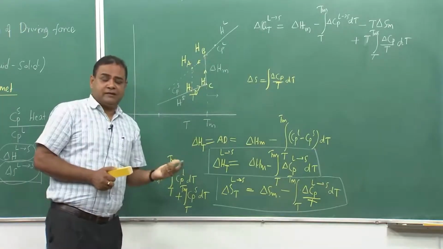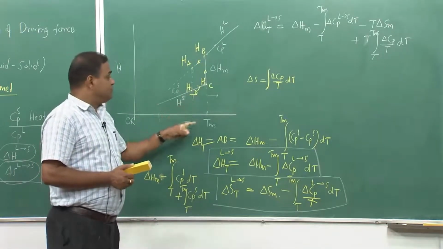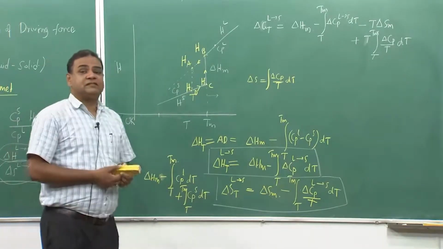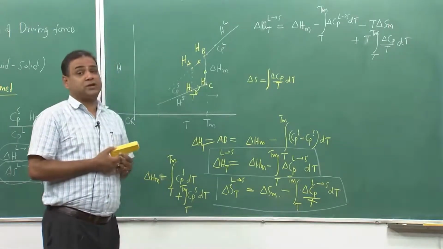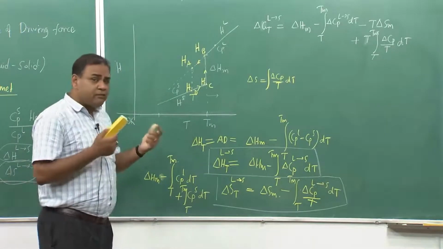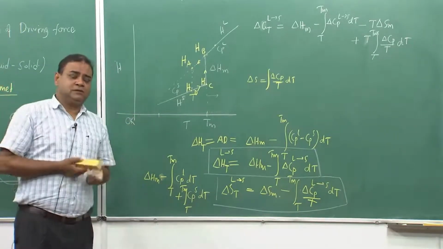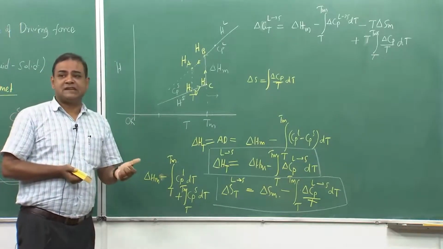We have seen that once the liquid is taken below melting point, it solidifies, that means it becomes solid. But you will later come to know that these liquids can remain liquid over a very large temperature range below Tm, and the reason for that would be simple homogeneous nucleation.